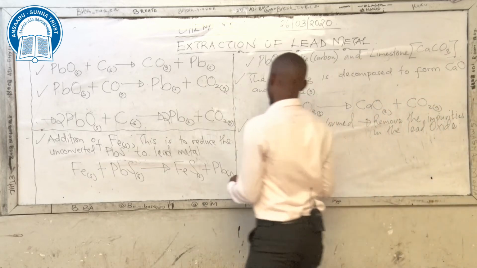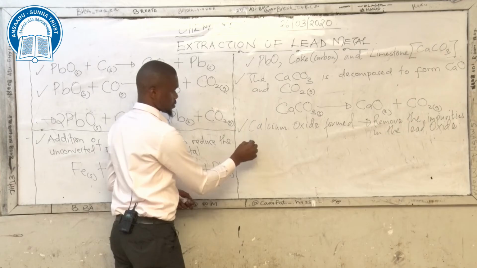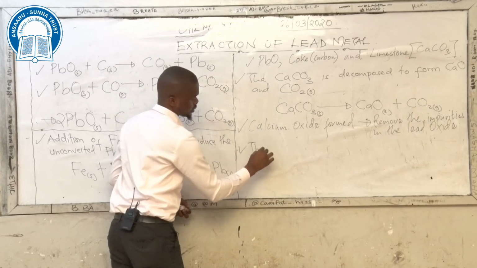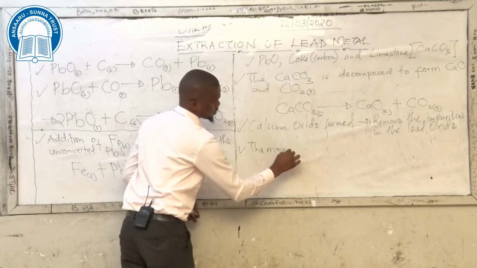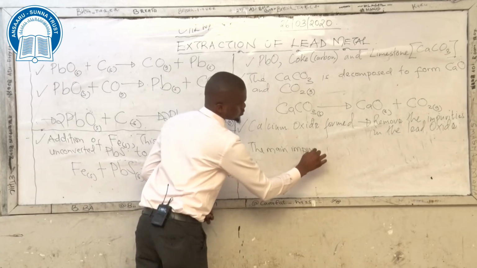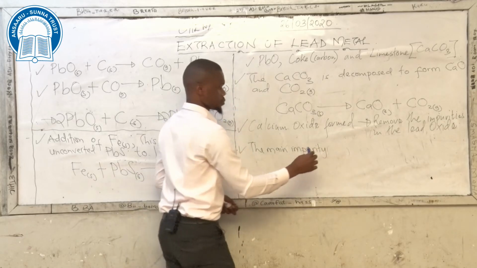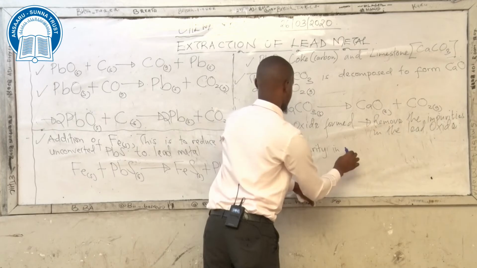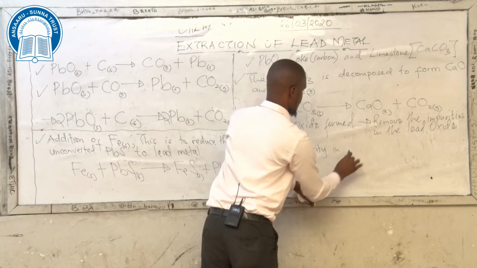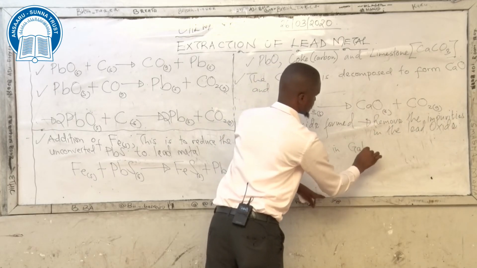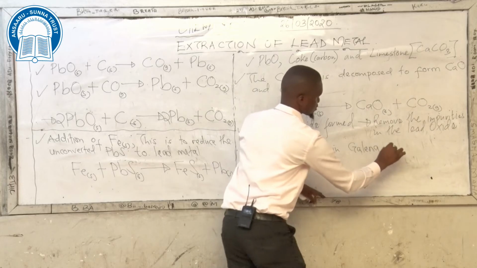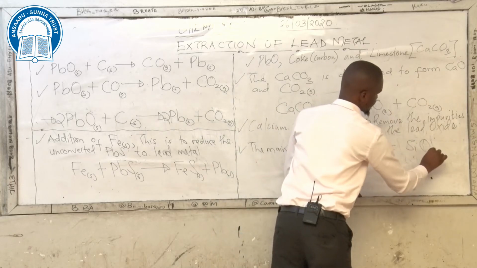The main impurity in galena is silicon dioxide.